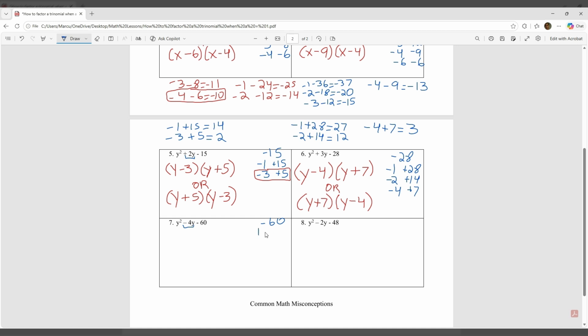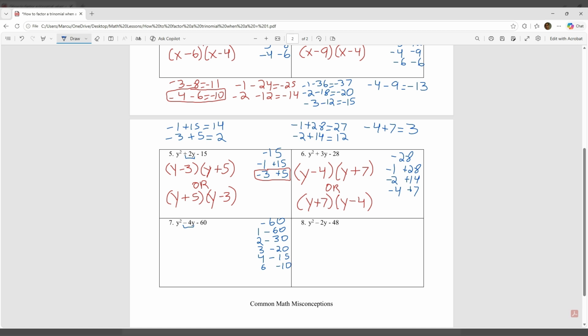So 1 and negative 60. 2, negative 30. 3, negative 20. 4, negative 15. 6, and a negative 10. 7 is a decimal, 8 is a decimal, 9 is a decimal, 10 is already there, so we stop.